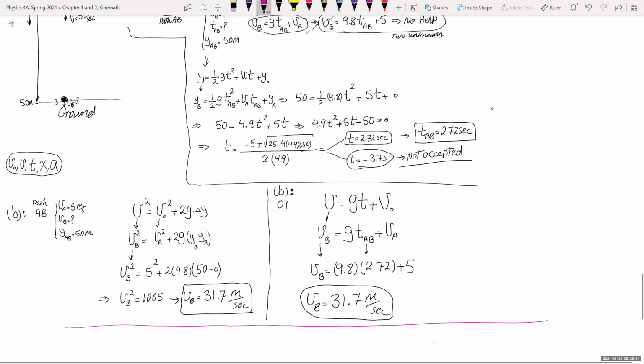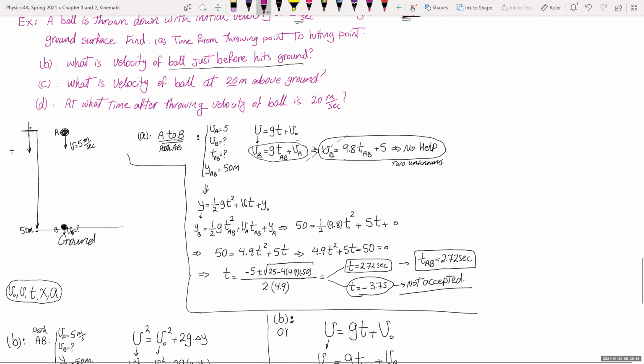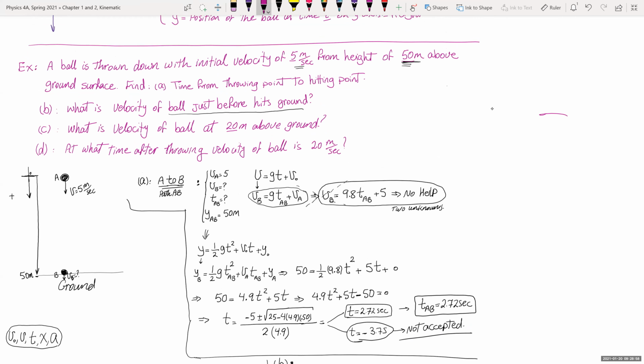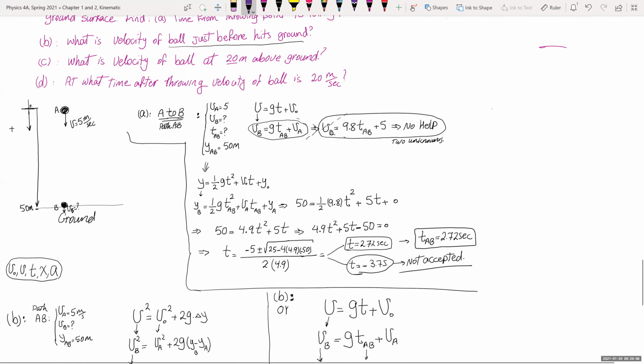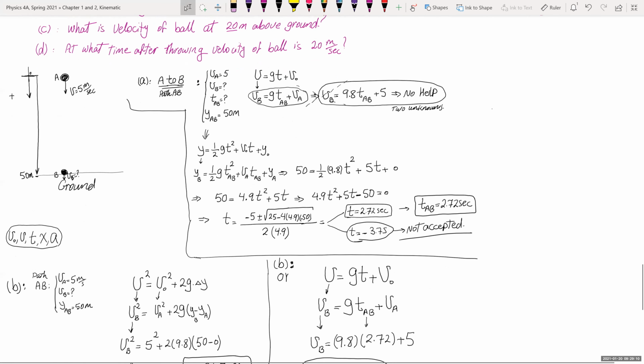So I suggest you always try to use the given data of the problem. Okay, so now I want you to work on part C and D.